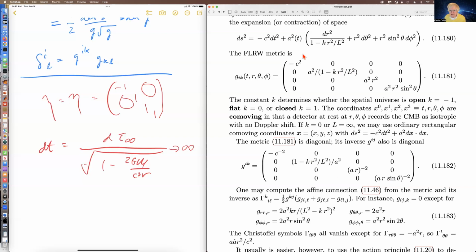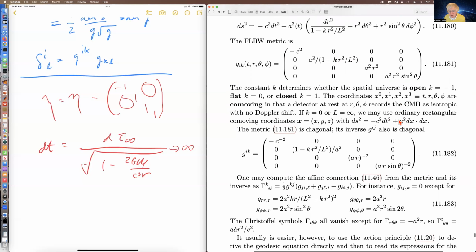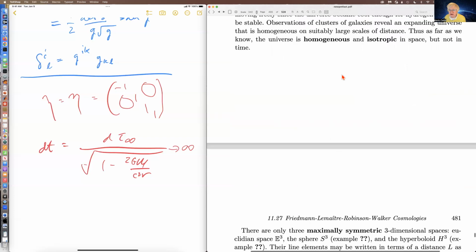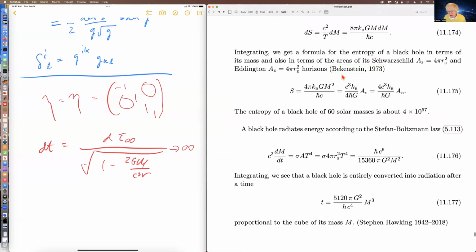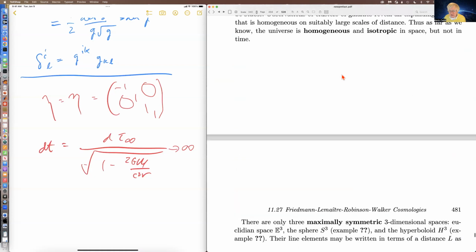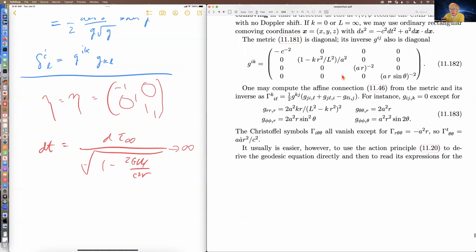So this is the metric then of space-time, and in order to apply Einstein's equations, and remember, what are Einstein's equations? Well, they just relate R_ij and R, the Ricci tensor and the curvature scalar, to the energy momentum tensor T. The Ricci tensor and the Riemann scalar are given in terms of the Christoffel symbols of the second kind and their derivatives.